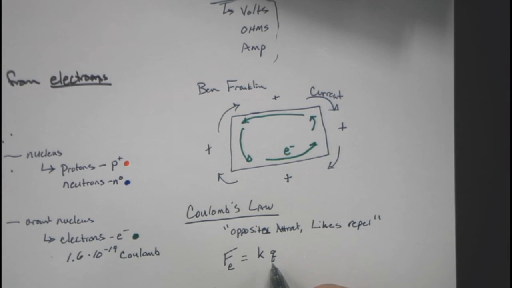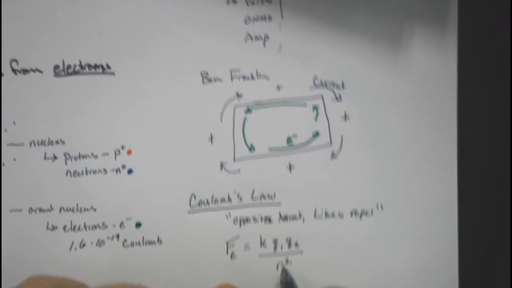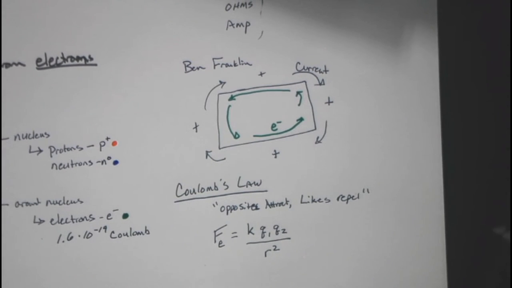And the way we write our variable for charge is Q. So we have the charge on one object times the charge on a second object divided by the distance between them squared. You might have seen this before. Does this look familiar?